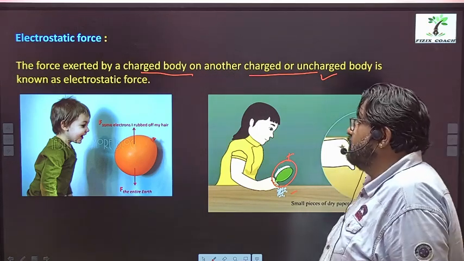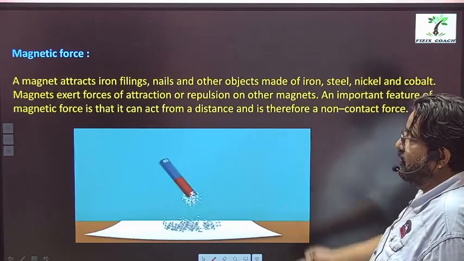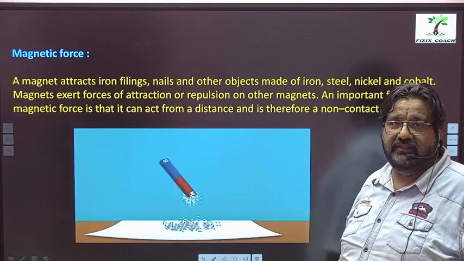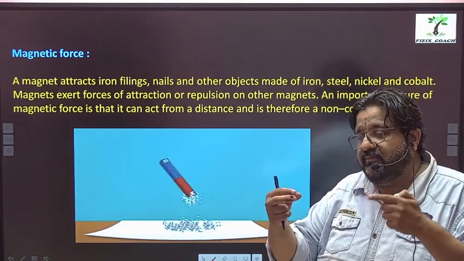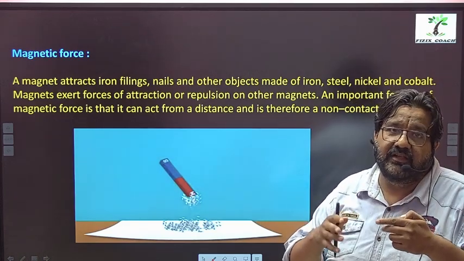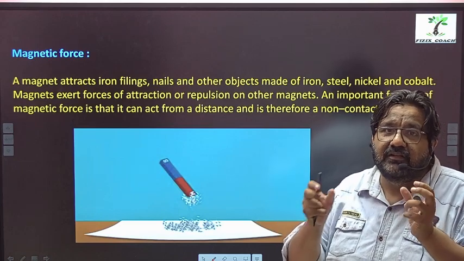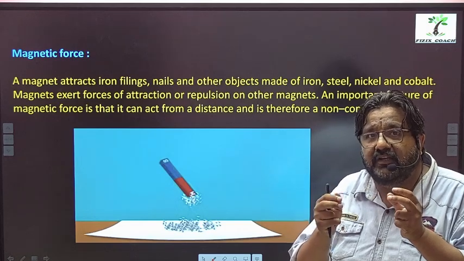All right. So let's move to the another part, which is magnetic force. Magnets, you all have seen. You keep a magnet and you place some pieces of iron near to it, it will attract it. Again, the iron pieces and the magnet, they are not in physical contact, but still they attract, right?